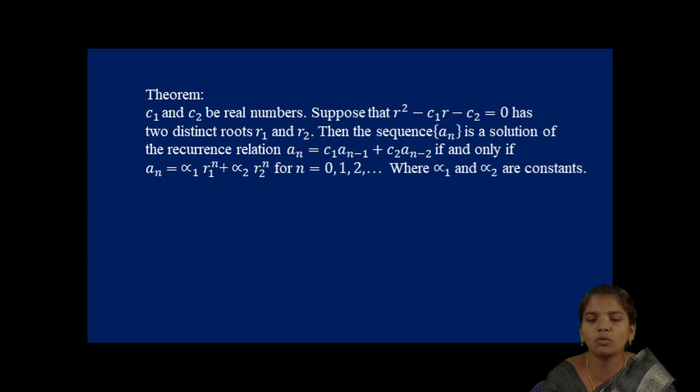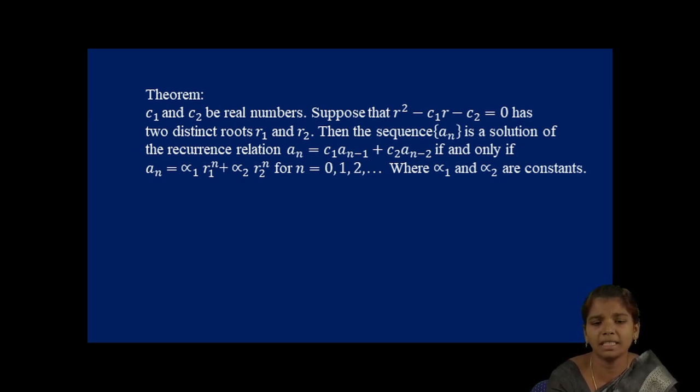Then the sequence a_n is a solution of the recurrence relation a_n equal to c1 a_(n-1) plus c2 a_(n-2) if and only if a_n equal to alpha1 r1^n plus alpha2 r2^n for n equal to 0, 1, 2, etc. Here alpha1 and alpha2 are constants.